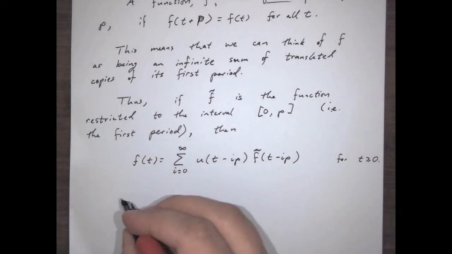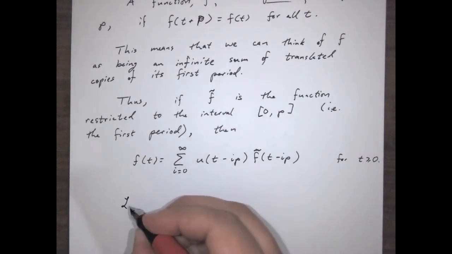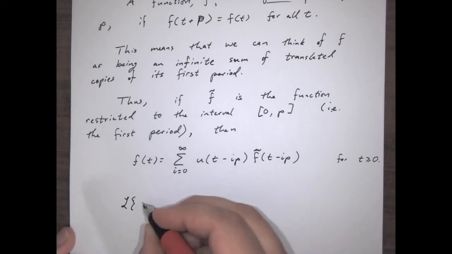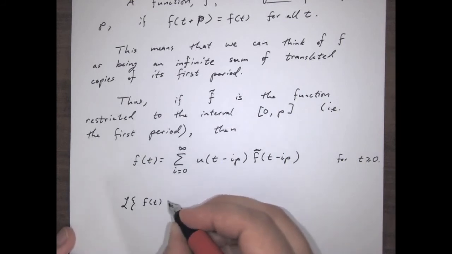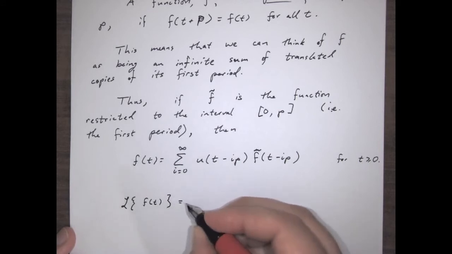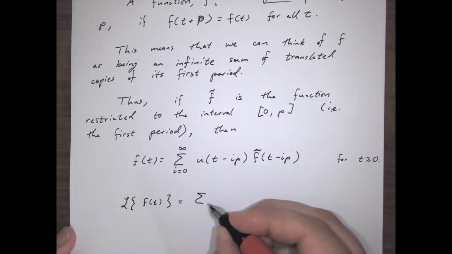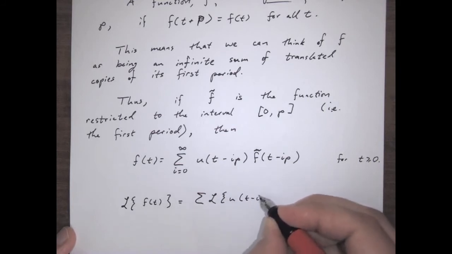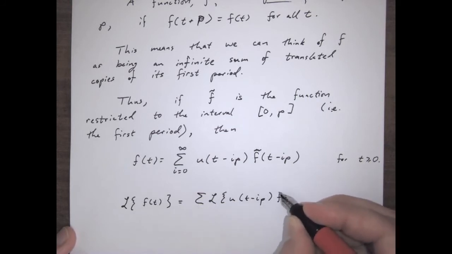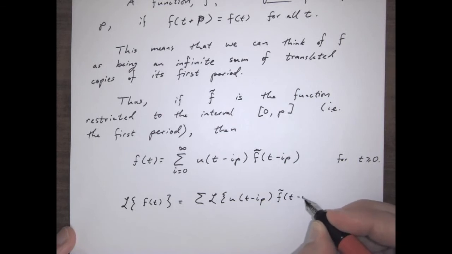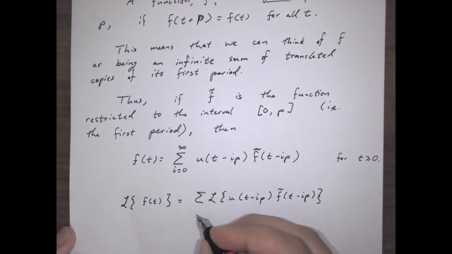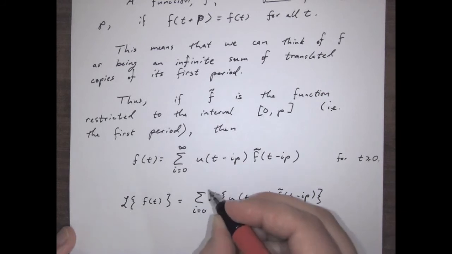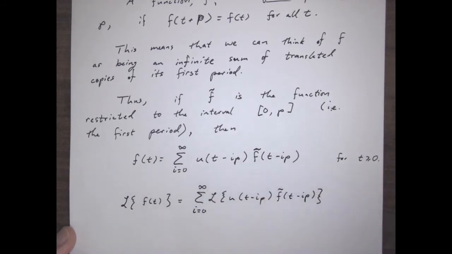But then we can find the Laplace transform of both sides, and because it's a linear transformation, that means we can distribute it over the sum. And so then this is going to be the sum from i equals 0 to infinity.